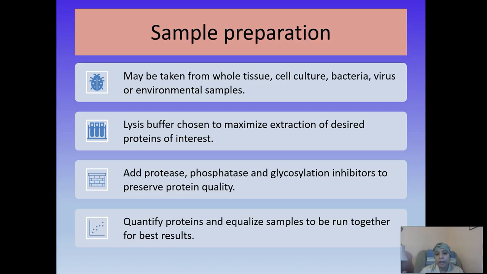We will always add the protease inhibitors to make sure our proteins don't get degraded. And then usually this is going to be followed by what we call quantification and equalization of our proteins.